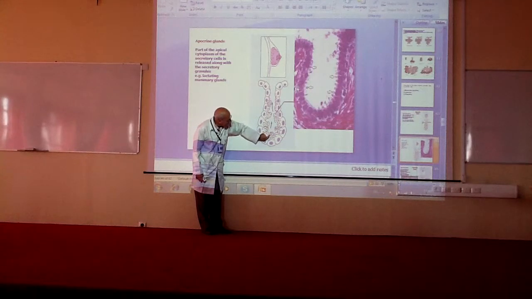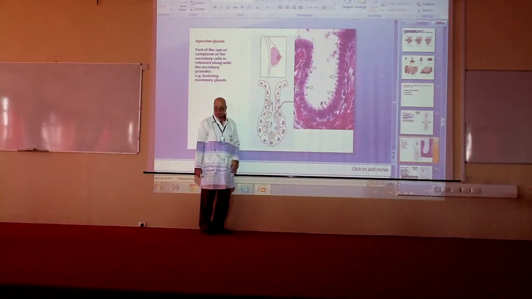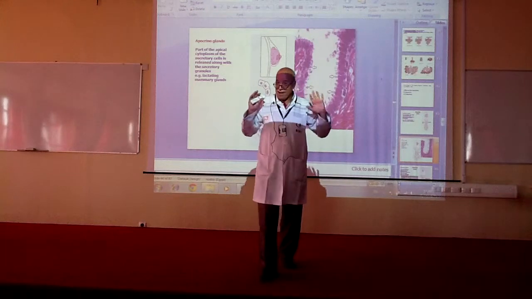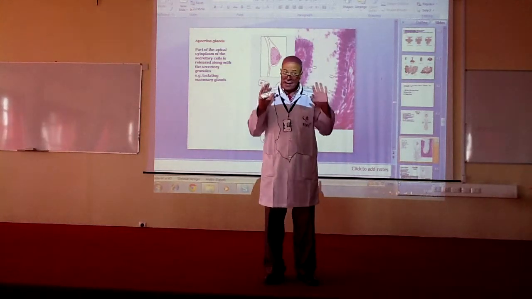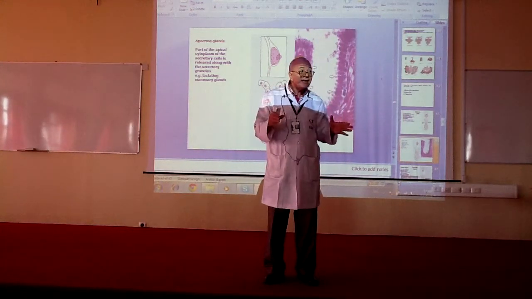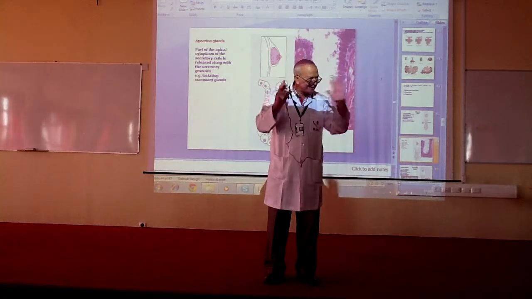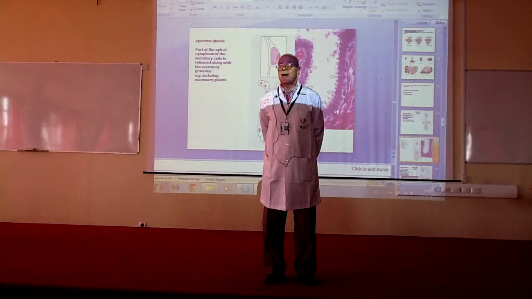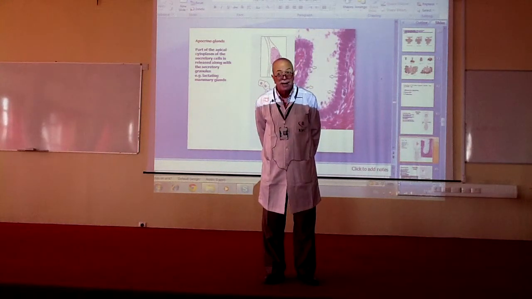This is the cell membrane, and these are the secretory granules delivered by the secretory cells. So the apical part of the cell is separated with its granules, but the cells remain intact. Okay? What is the name of this type of secretion?